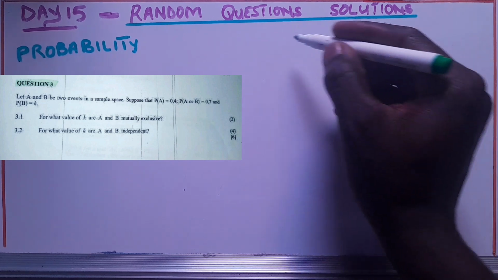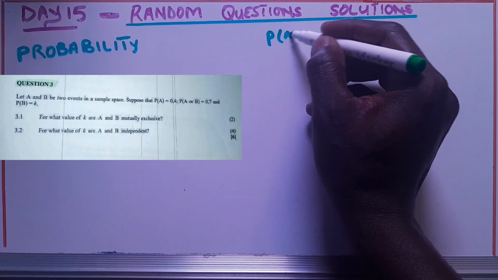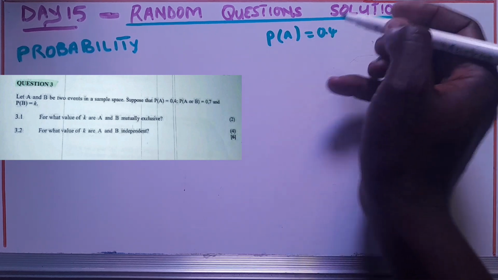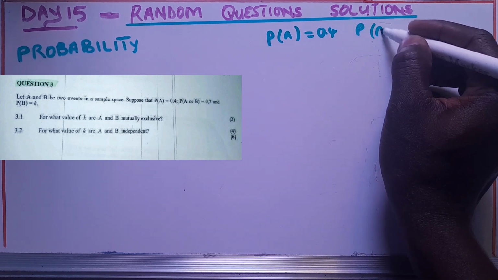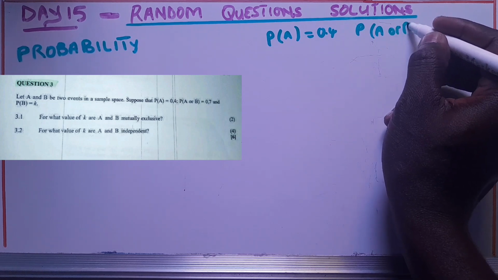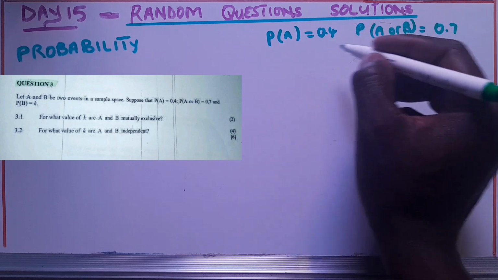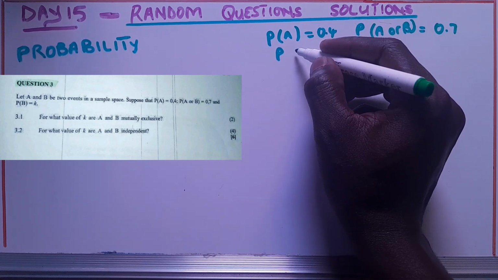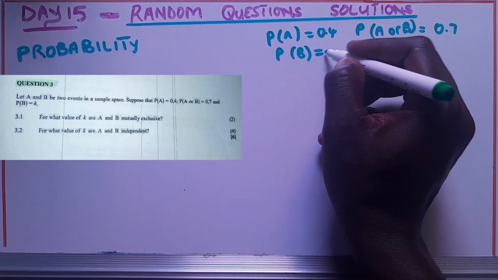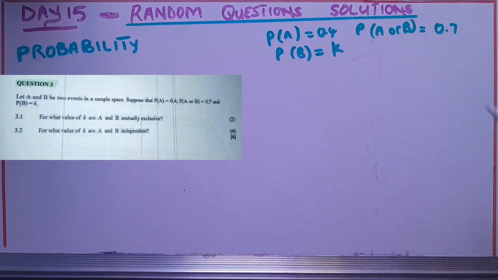Suppose that the probability of A is equal to 0.4 and the probability of A or B equals 0.7, and the probability of B is equal to K. So it means that this is a variable, this is an unknown, right? For the first question, they said, for what values of K are A and B mutually exclusive?